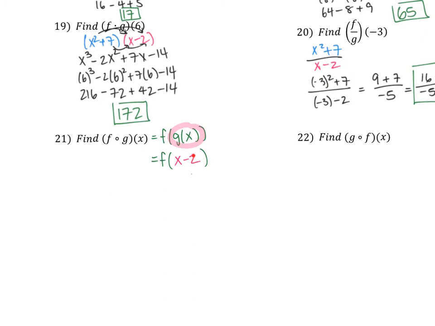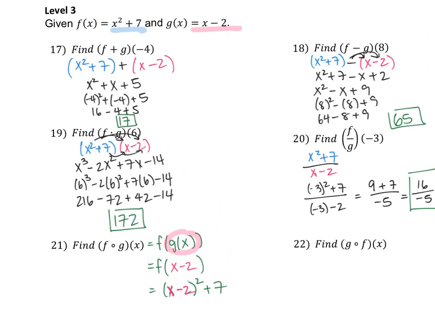And then I have to plug x minus 2 in for f. So that's the x squared plus 7 equation. So I'm going to plug in x minus 2 in for x. So this is going to look like (x minus 2) squared plus 7. So I plugged in the x minus 2 for this x, and then I squared it. So I'm referring to the f function from the very beginning.